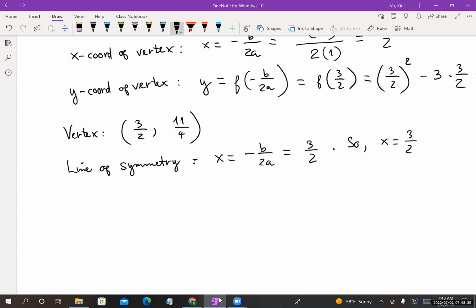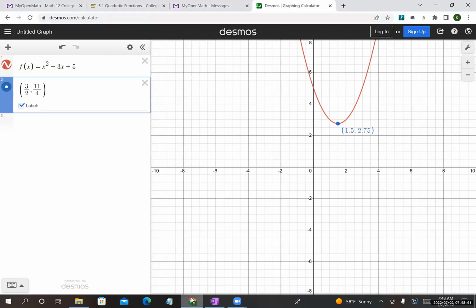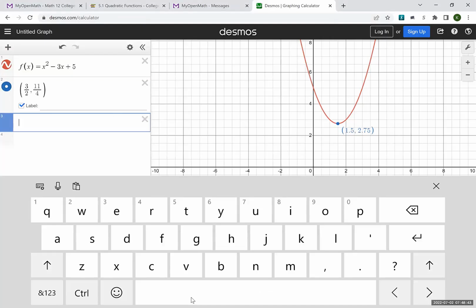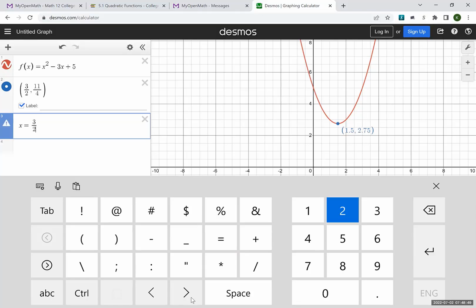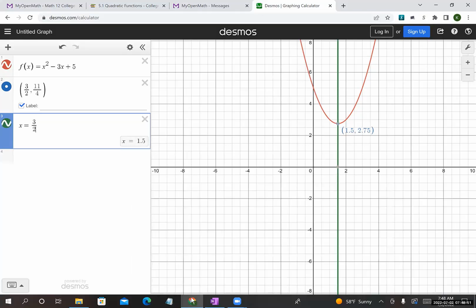And we could sketch that on here too. You will see that if I put in the equation x equal to 3 over 2, see that line of symmetry there? It's the line passing through the vertex. It's a vertical line passing through the vertex, and the parabola is symmetric with respect to this line.